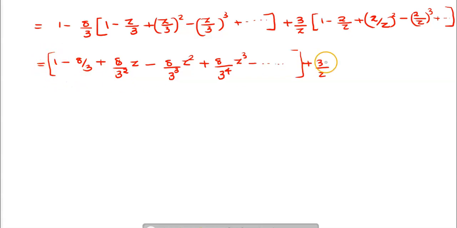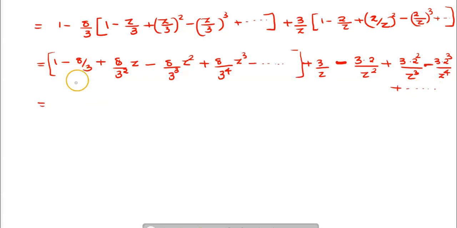This is one term. Plus 3 by z minus 3 into 2 divided by z square plus 3 into 2 square divided by z cube minus 3 into 2 cube divided by z raised to 4 plus etc.